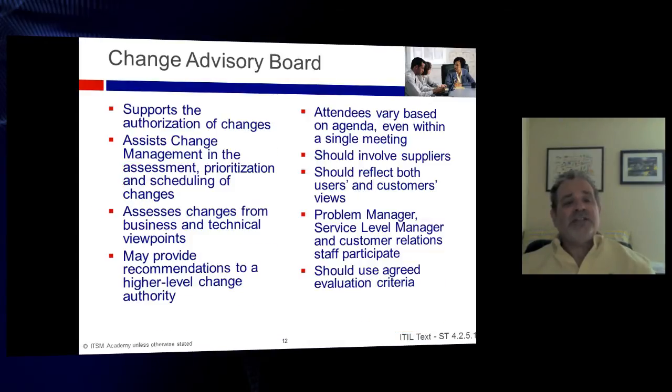We have the Change Advisory Board. This is the group of people that are going to assist the change management in the assessment, the prioritization, and the scheduling of changes. And they're going to look at all of those requests for change from both a business perspective and a technical perspective.